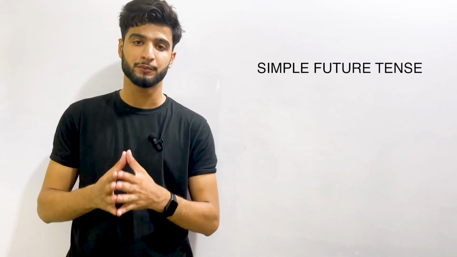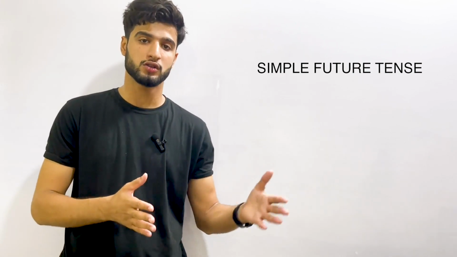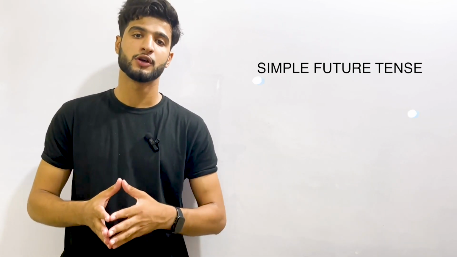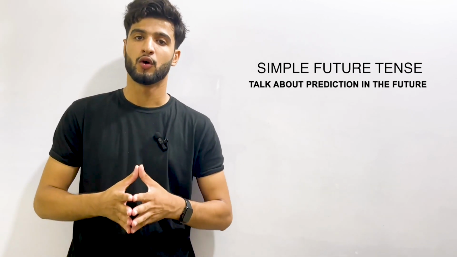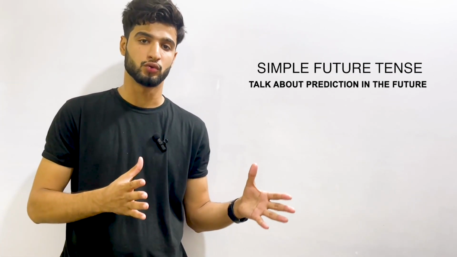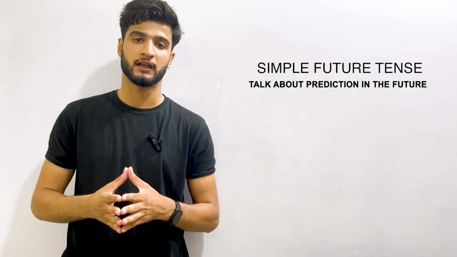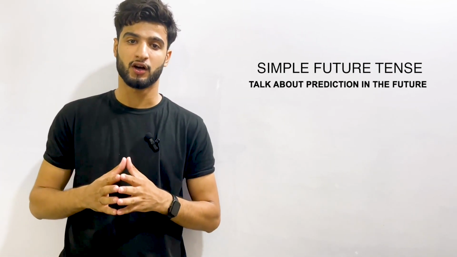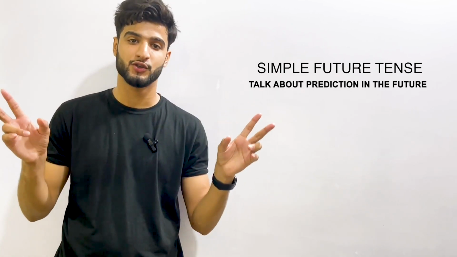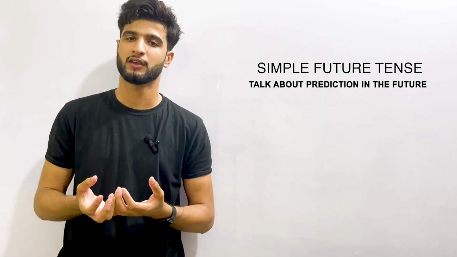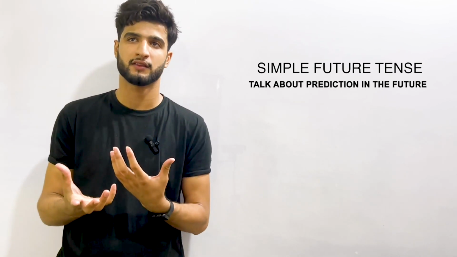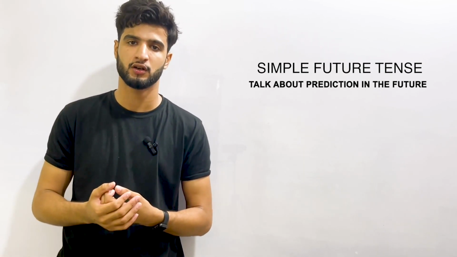And beside that, simple future tense also helps us to talk about predictions in the future. Now, how? For example, when you go out of your room and you see the sky, right? You see the clouds are dancing in the sky. So obviously, what would be your prediction? I mean, what would you anticipate would happen in the near future?